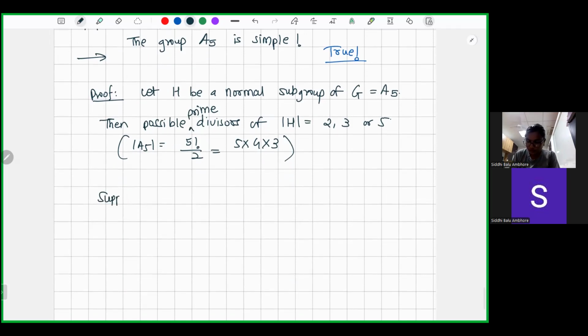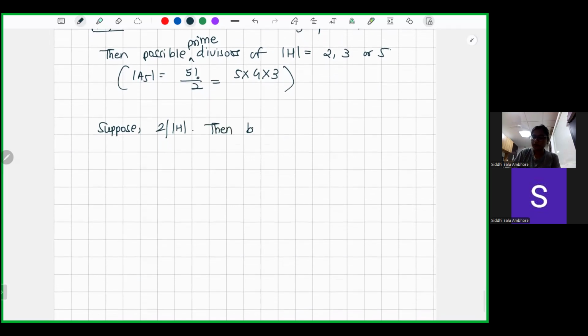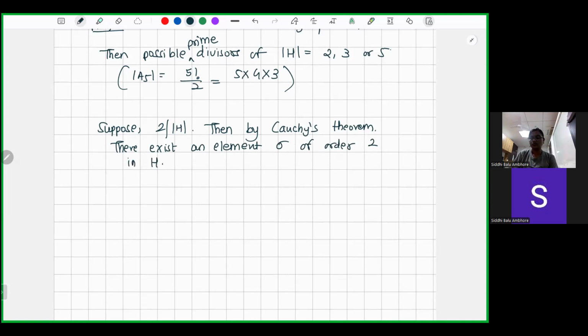Okay. So suppose 2 divides the order of H. Then what will happen? Then by Cauchy's theorem, there exists an element of order 2 in H. Say sigma of order 2 in H. That is, sigma square is identity.